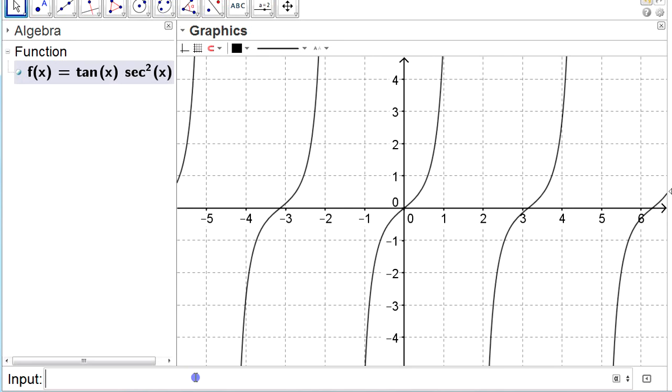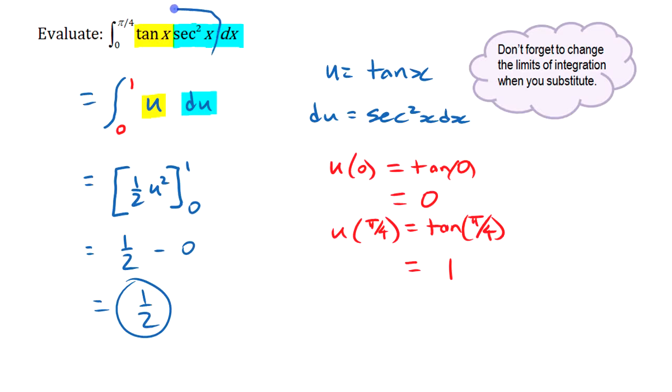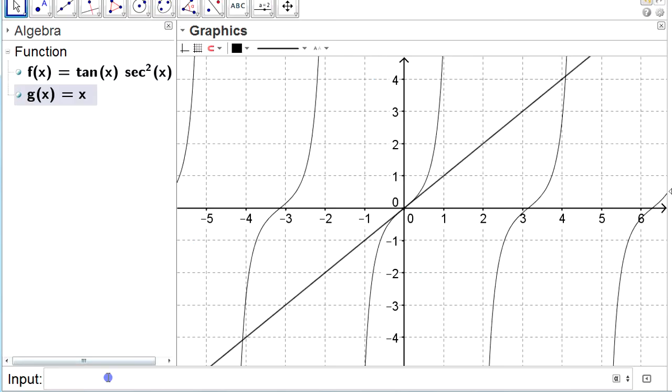And our second graph was, let's call it g of x, was just y equals x. Now again, I got to use x for this graphing software instead of u, right? Even though if we go back to our thing here, our first function was tan x secant squared x, and our second function was just u, right? So when we're graphing it here, we have to just put x for that. Boom, it's just that straight line.